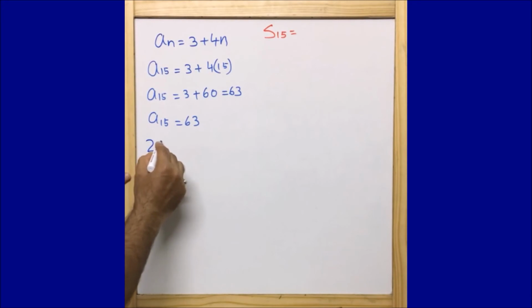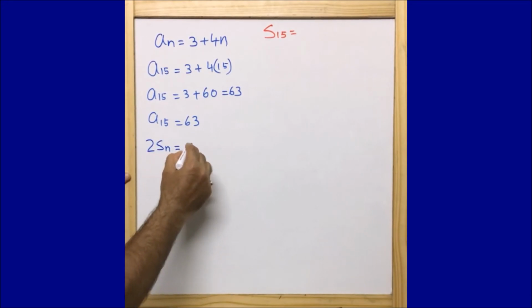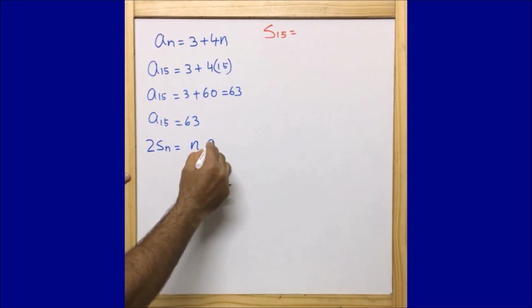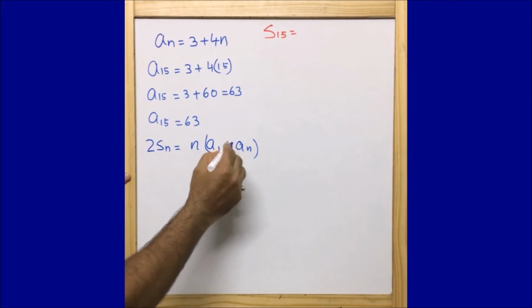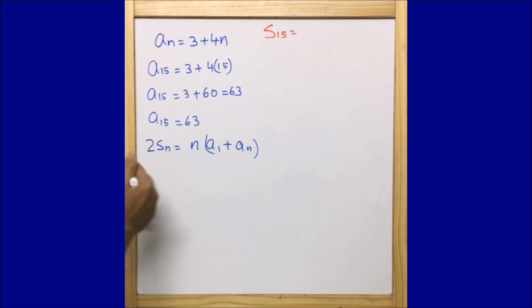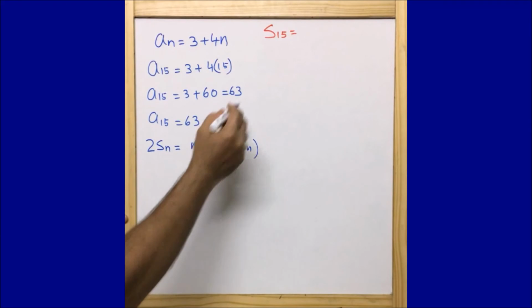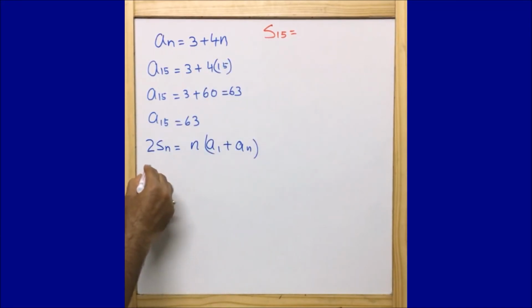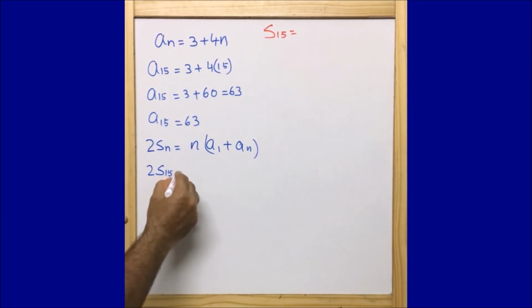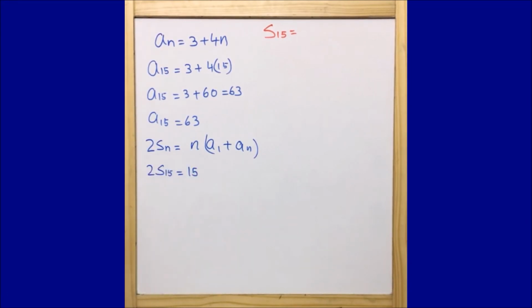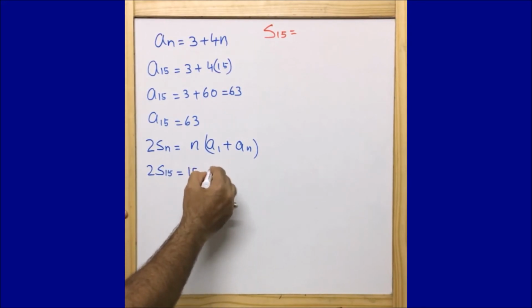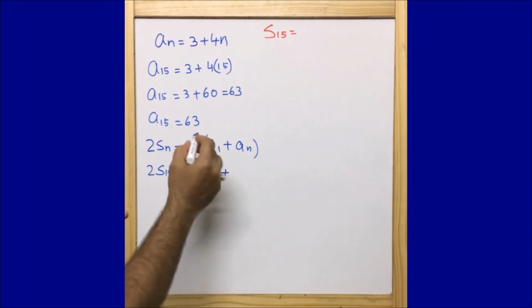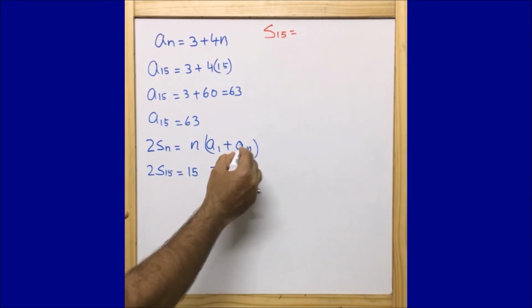We know that 2Sn is equal to n into a1 plus an. This is the sum of the arithmetic progression. Now when n is equal to 15, because they asked us to find S15, I can write 2S15 is equal to 15 into a1, and we got the value of a1 as 7.